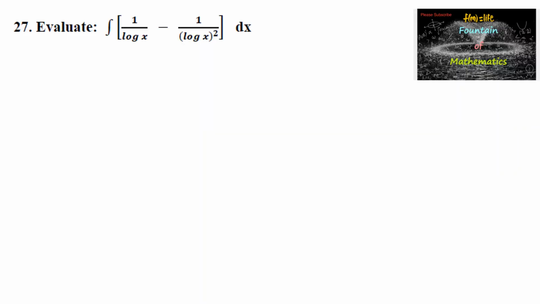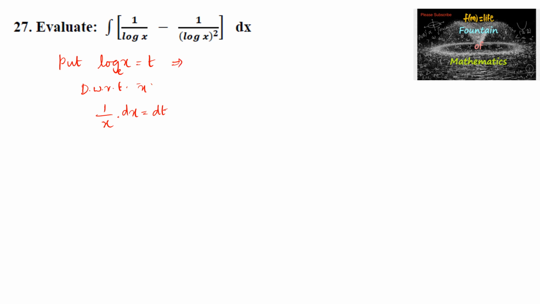Evaluate integral 1 upon log x minus 1 upon log x whole square dx. So let us substitute or put log x is equal to t, differentiating with respect to x, we have 1 upon x into dx is equal to dt.